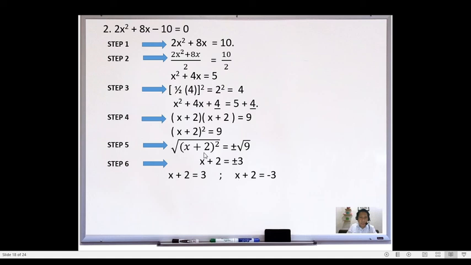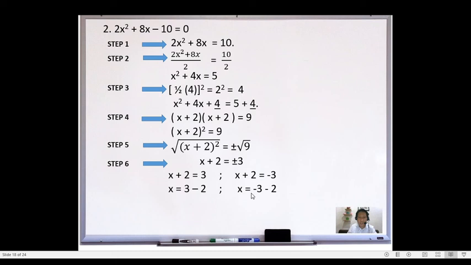So solve the resulting linear equations. That is, x plus 2 is equal to 3, and the other one, x plus 2 is equal to negative 3. So this is now x is equal to 3 minus 2, and the other one, x is equal to negative 3, transpose positive 2, that is negative 2.